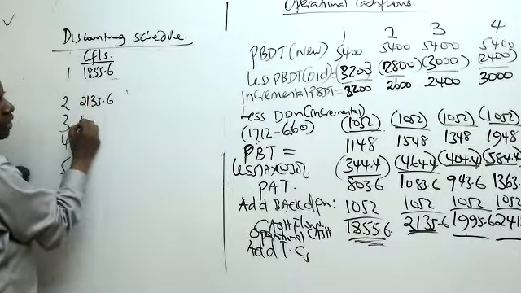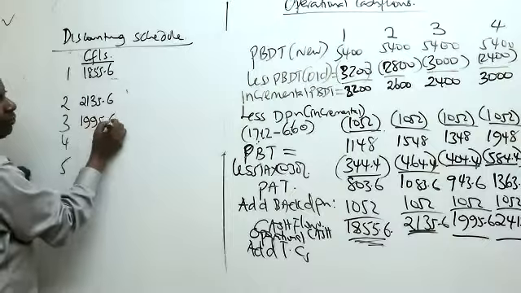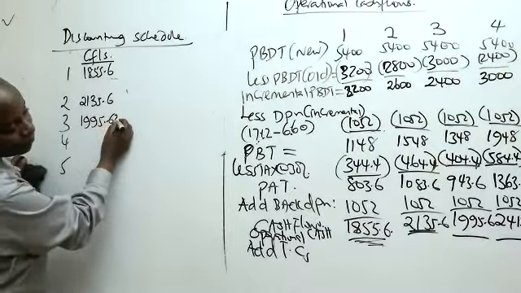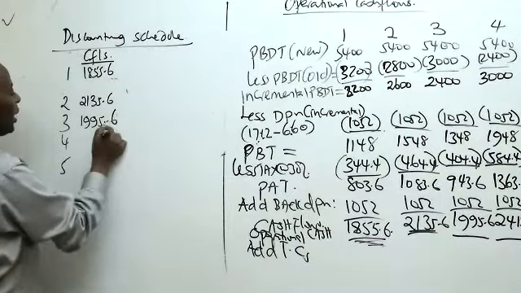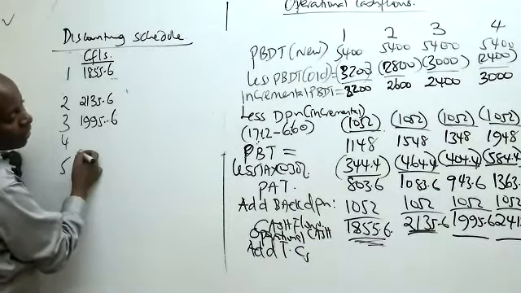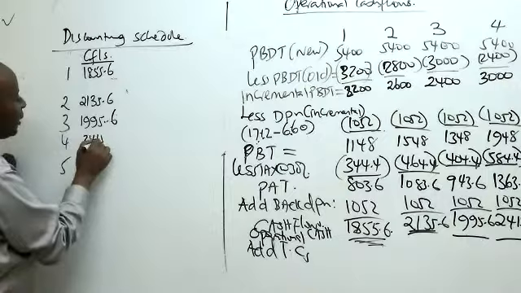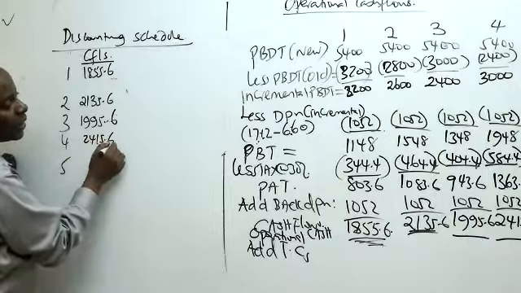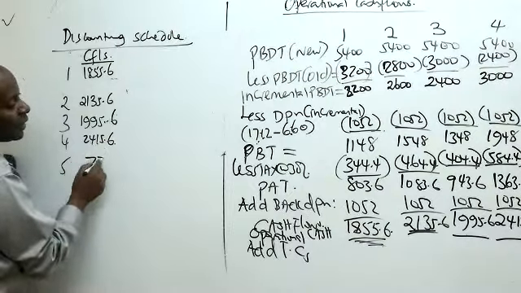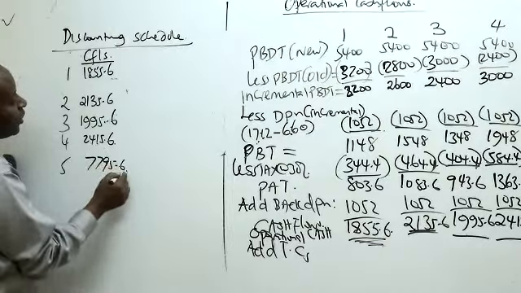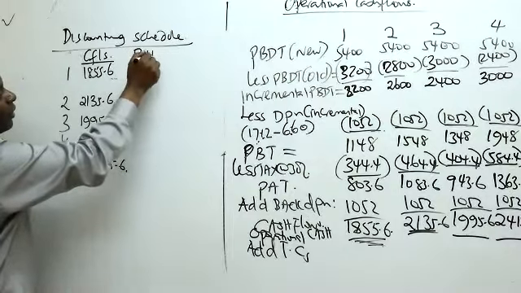Year 3, we have 1995.6. Year 4, we have 2415.6. Year 5, you have to be careful, work with that total, 7795.6. So create a column for PV.